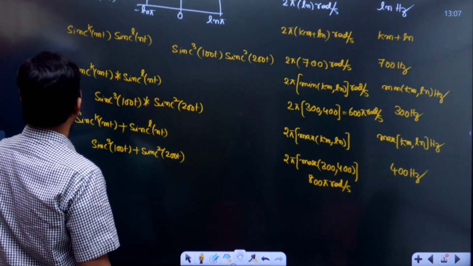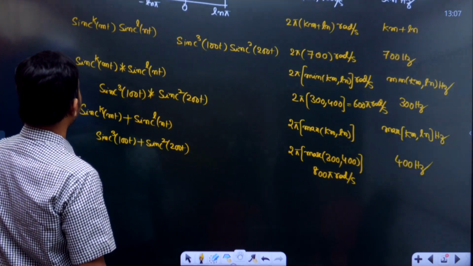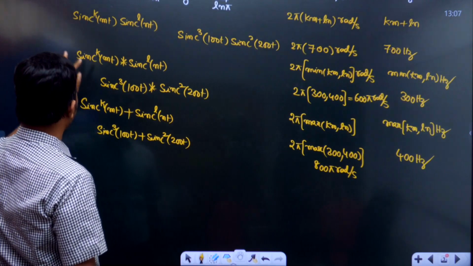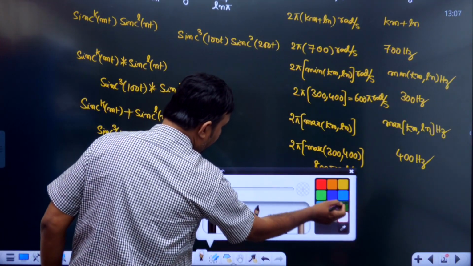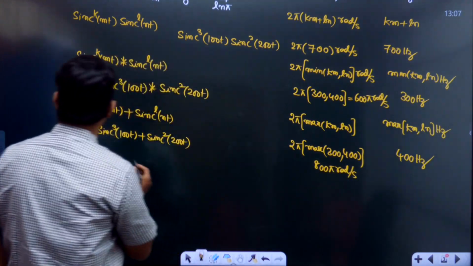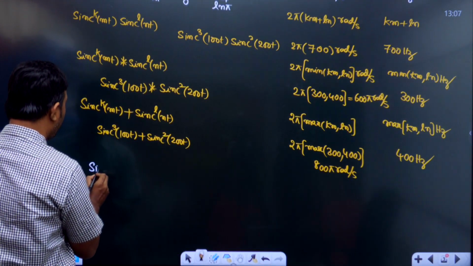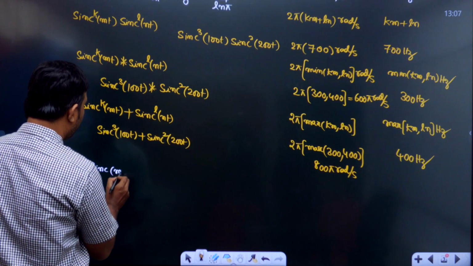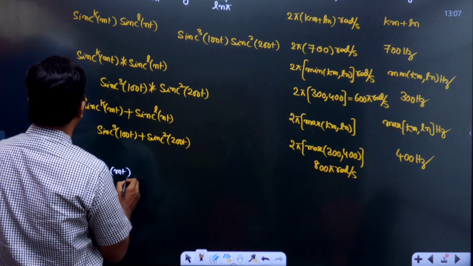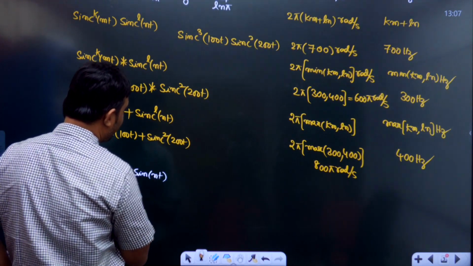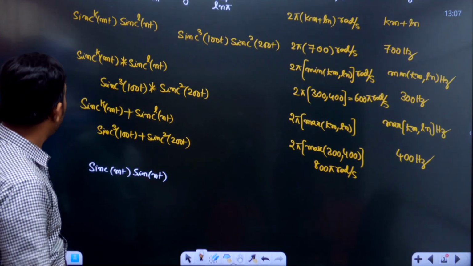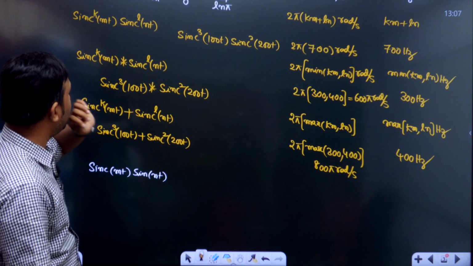See, if I ask you for this one, see these three I got, no? From these three, look here, if I ask you sinc mt multiplied with sinc of nt, so K is 1, L is 1.